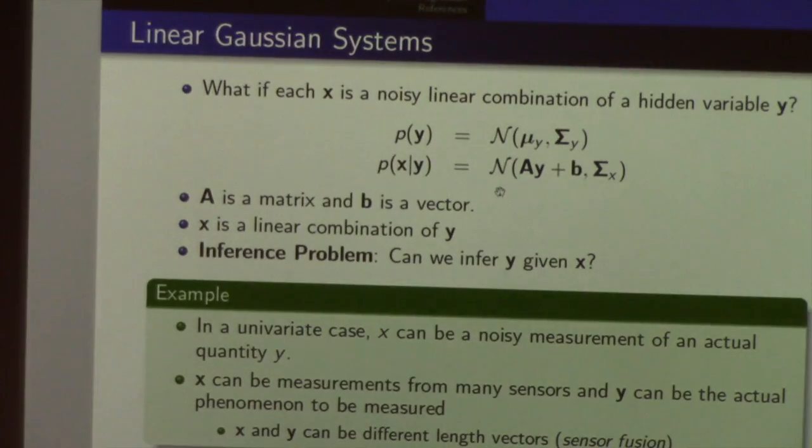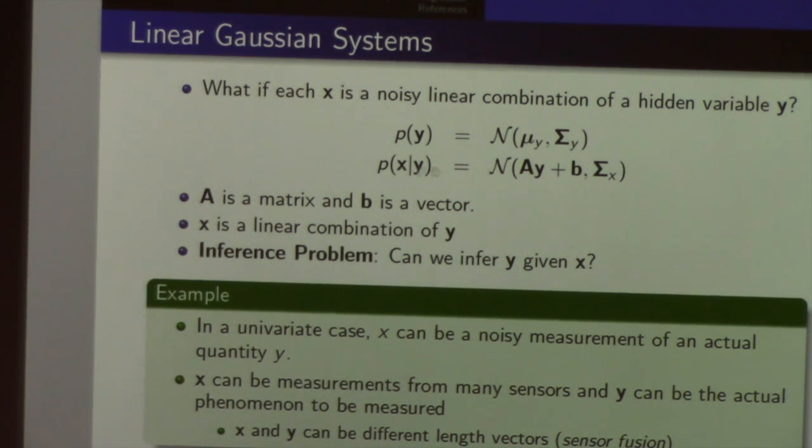So the motivating example I'm giving you is a simple form of a linear Gaussian system. In general, you have some true value y, you set some prior on it like this, and then you have some measurements x, another random variable, governed like this.